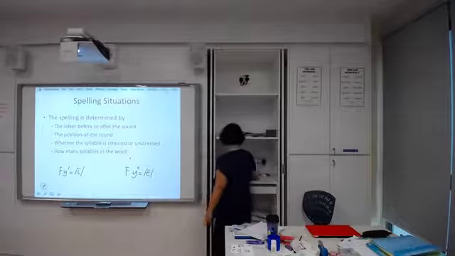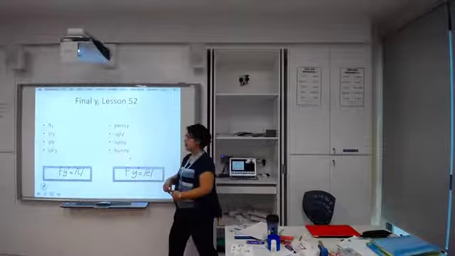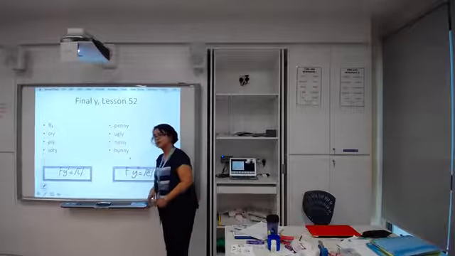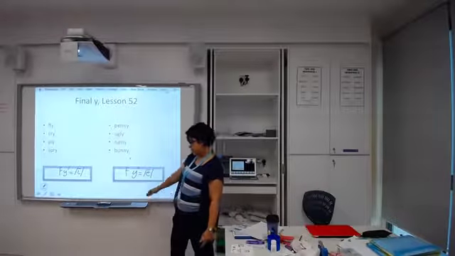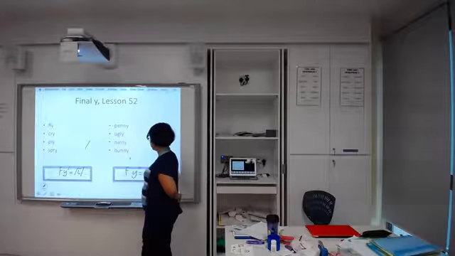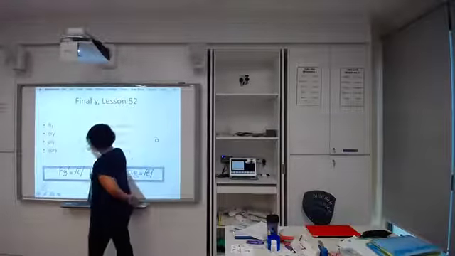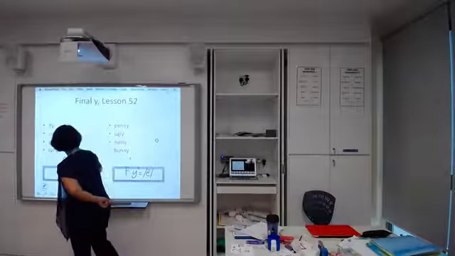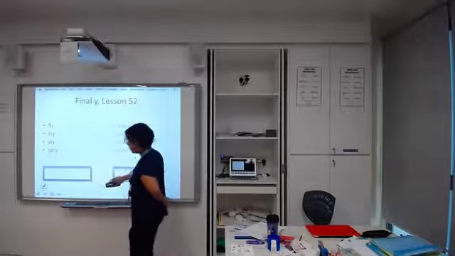So the line is stressed, the circle is not stressed. Above the Y. So your pre-review for this lesson would be stressed and unstressed.